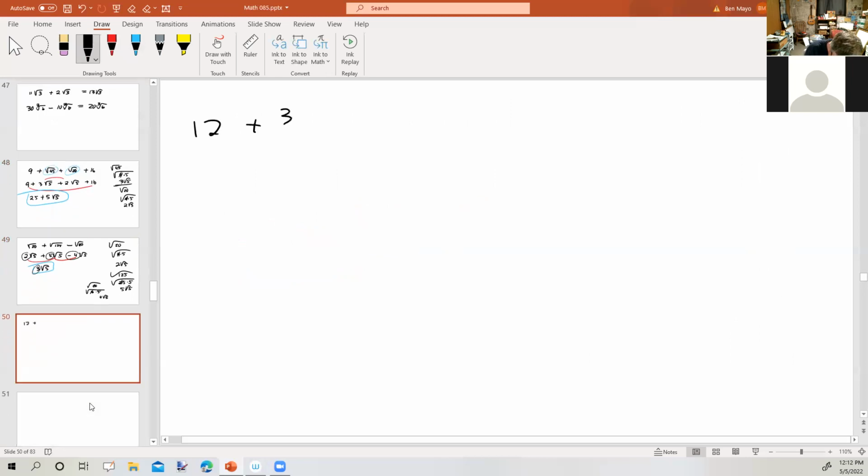12 plus the cube root of 80 minus the cube root of 10,000 plus 4.